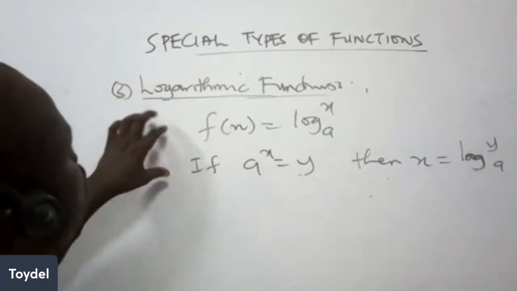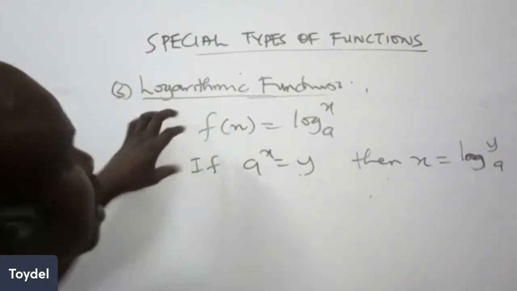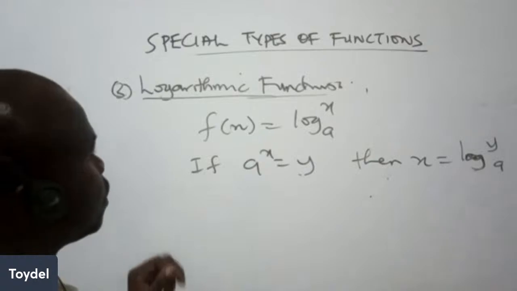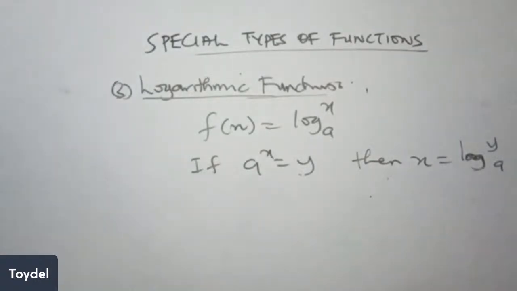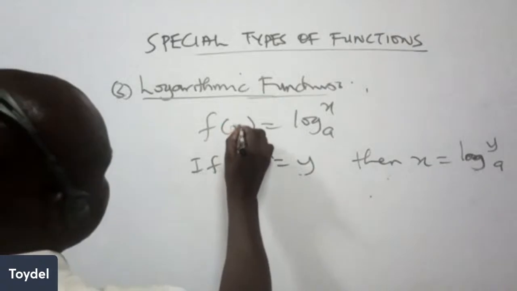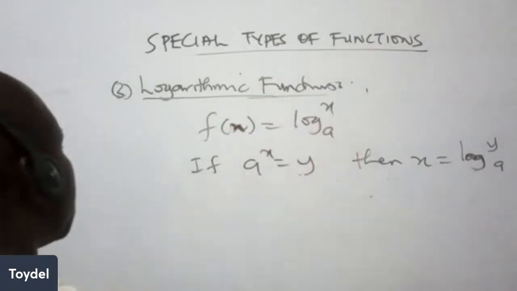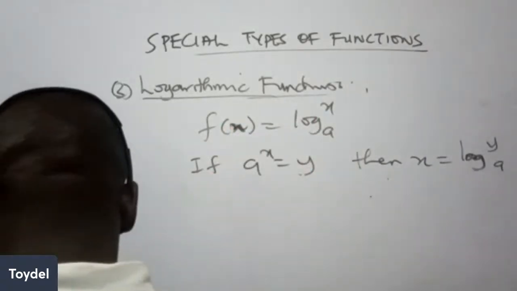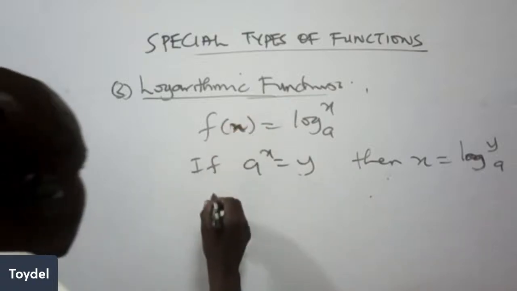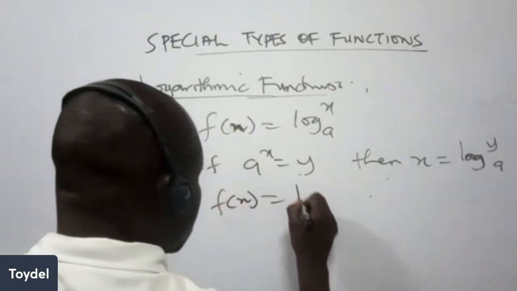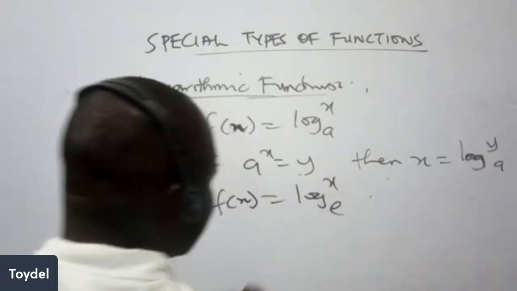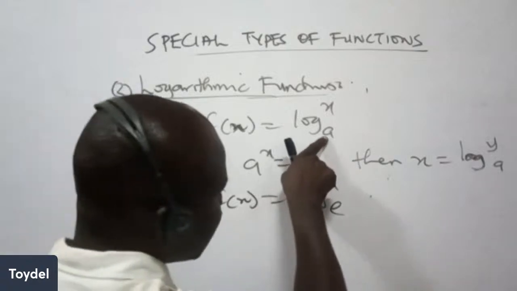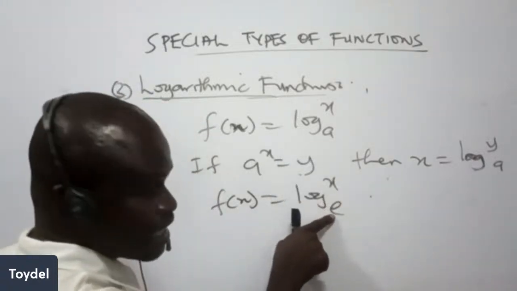Please, if you want to know more about logarithmic functions, check my video on logarithm, which explains more on this concept. But I just want us to be familiar with this function when we have something in the form of log. Then there is a special type of logarithmic function where f of x is equal to log x base e. In this case, the a here is referred to as e, the exponential.